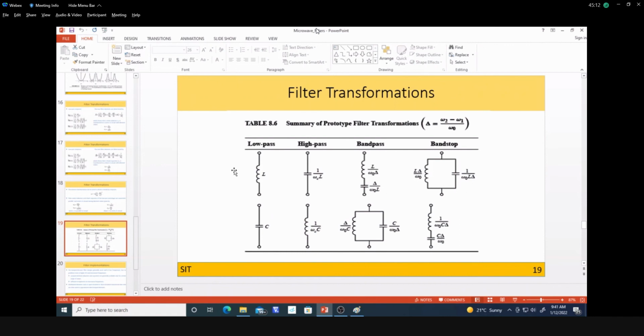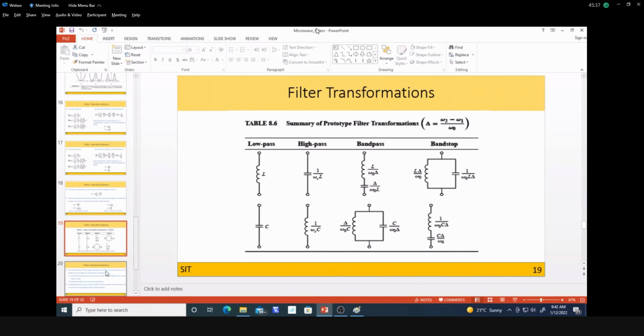And similarly, the series L into parallel LC circuit in the band stop transformation, and these are the values. And similarly, how the series capacitor will convert into a parallel LC circuit, and in the band stop case it is a series LC circuit. So this is the summary of the filter transformations we have done from low pass to the other types.